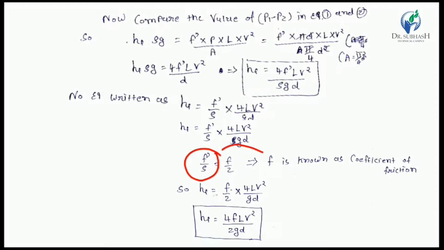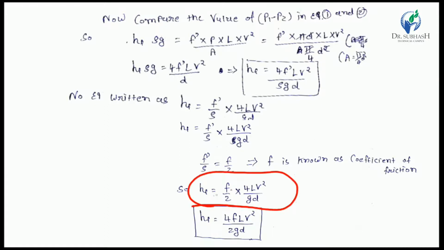Now F' upon rho is equal to f upon 2, where f is the coefficient of friction. So F' upon rho is equal to f upon 2, that is experimentally proven. So the value of F' upon rho is put as f upon 2 in this equation.